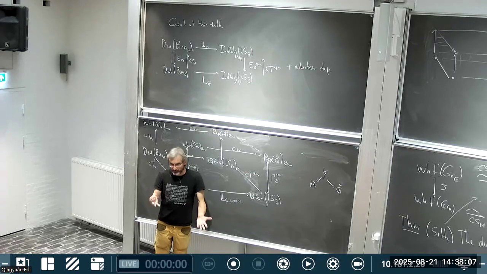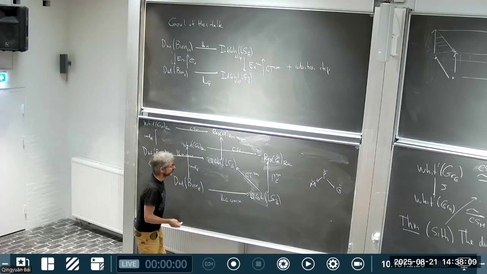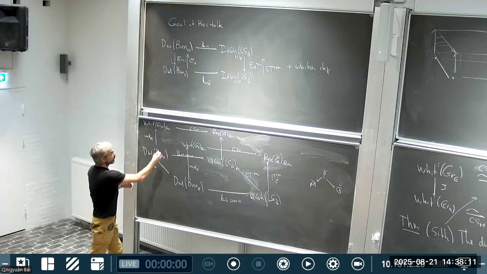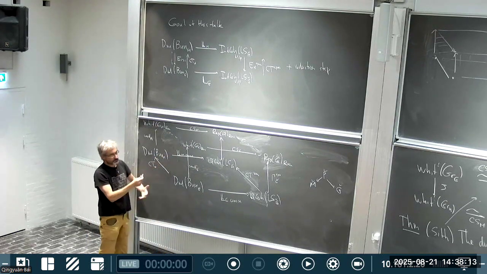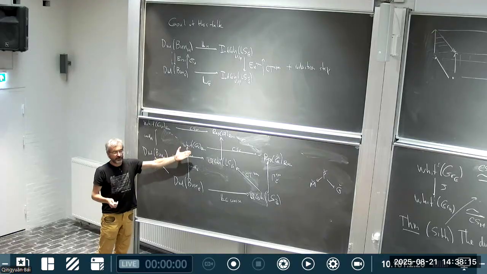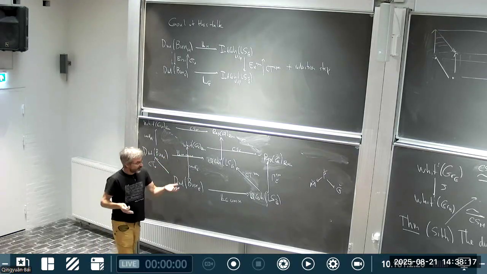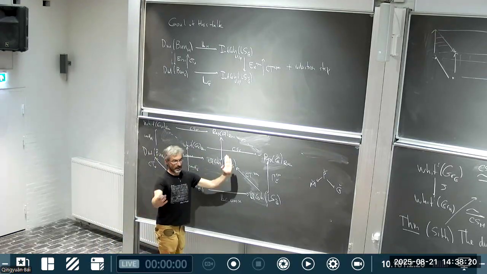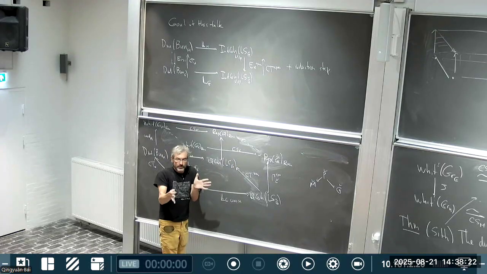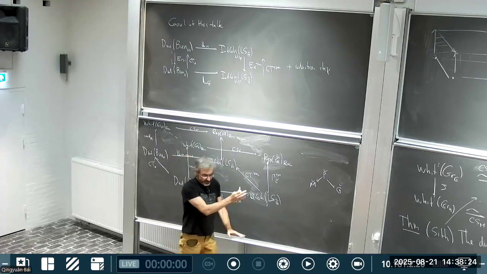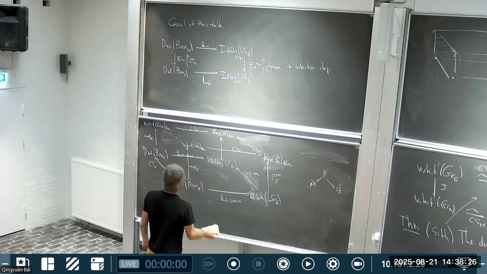So this idea fails. So we have to do something else. And neither will work here. There is no local functor with some kind of fix that will make this right lid or left lid commute. Okay, so that doesn't work, and we'll try something else.